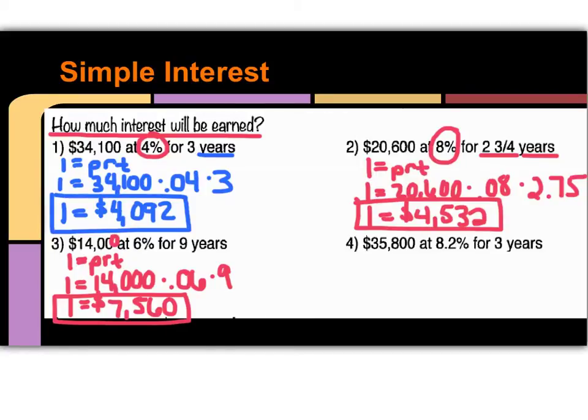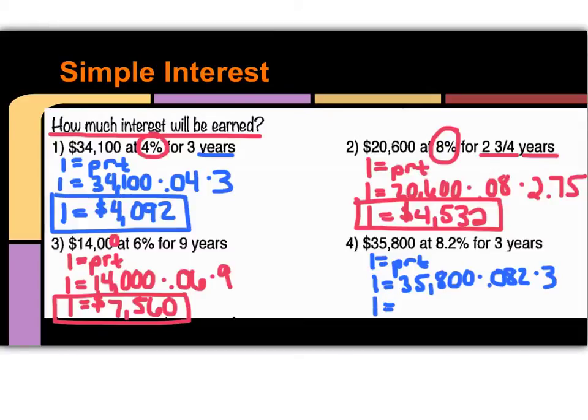On the last one, I equals PRT. The principal is $35,800 times a rate of 8.2%. Now remember, if you get confused, just divide that by 100 to get the actual decimal of 0.082, times the time in years, which is 3.